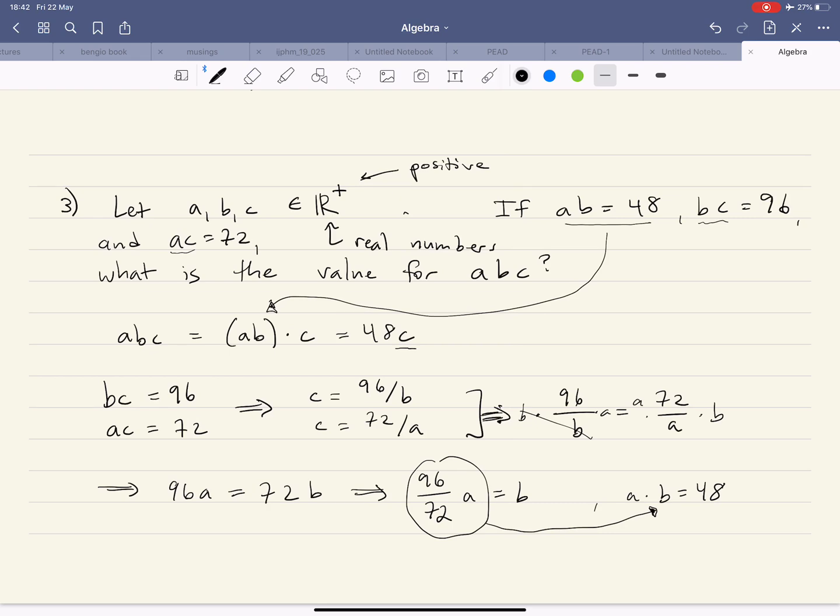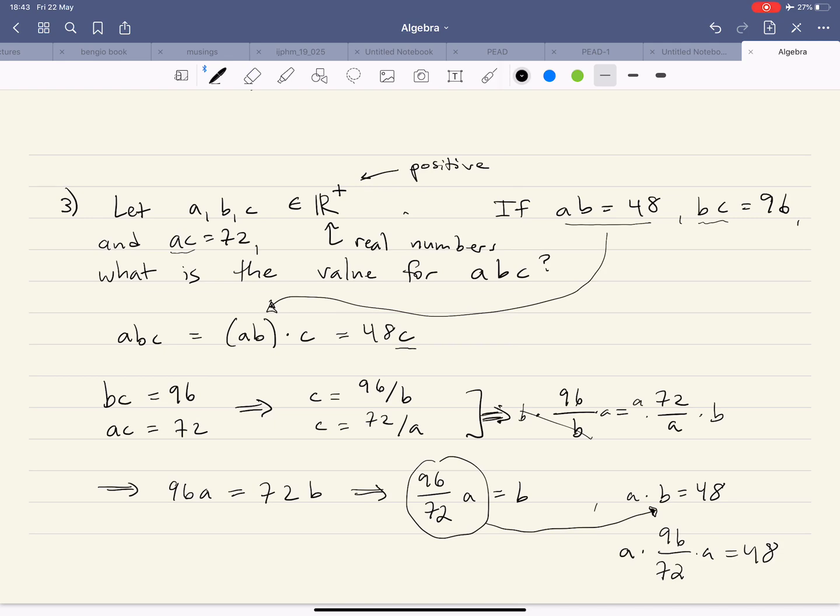If you recall the substitution principle from earlier in this chapter, if I substitute in something that means the same thing as something, then it doesn't change my equation, right? So when I substitute that in, I get A times 96 over 72 times A equals 48.